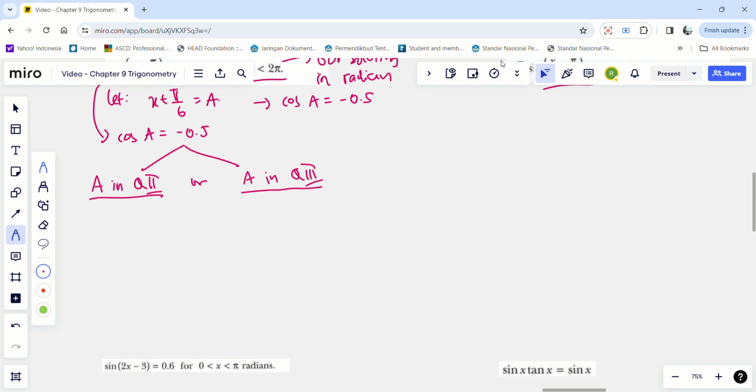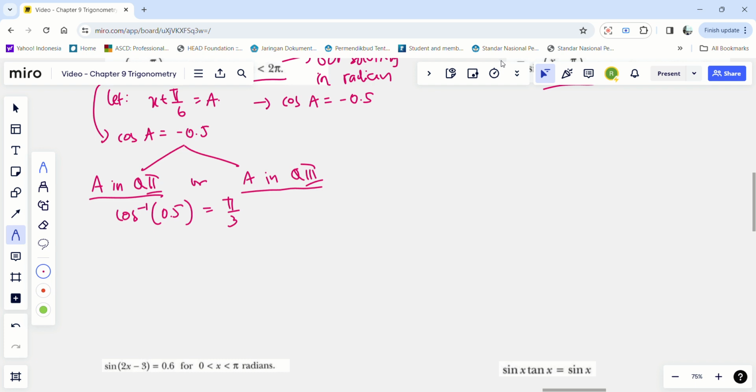Since A is in quadrant 2, what does it mean? If you use your calculator and go cos inverse 0.5, the value will be pi on 3, or 60 degrees.